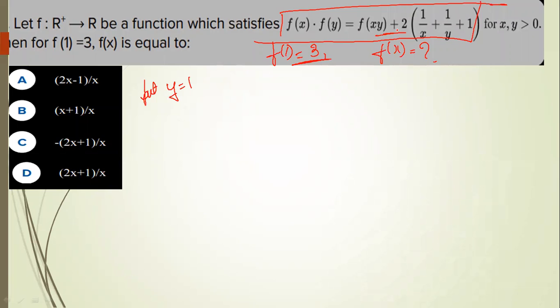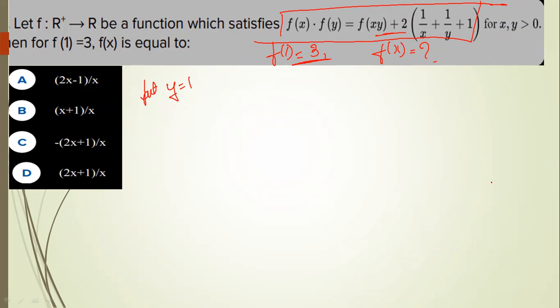Substitute. Let me see who will give me the answer. Put y is equal to 1. Yeah, that is fine, you have tried. Okay, Subramanya, that is fine. At least trying is important.